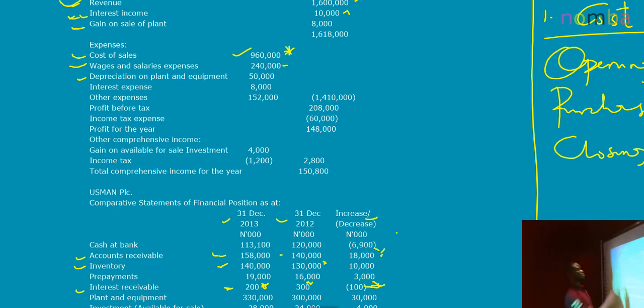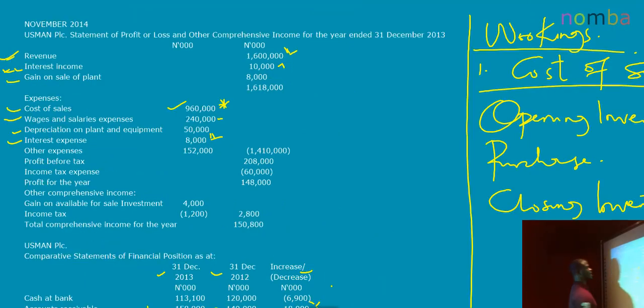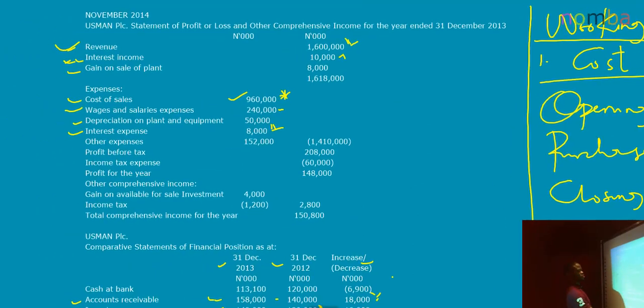The next item here is interest expense, and the interest expense is 8,000 as reported. Have we paid everything? For us to know, we will go to the statement of financial position to see if we are still owing, or if there is any accrued interest.